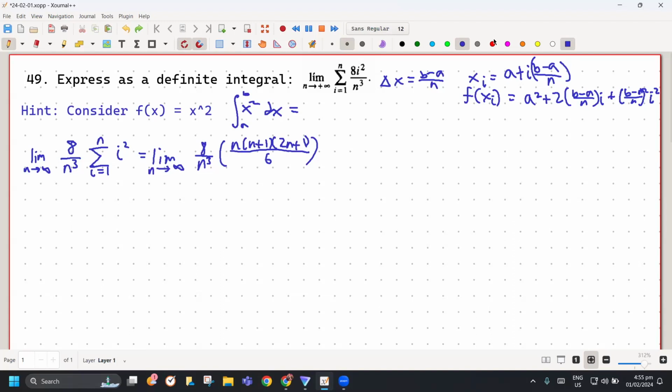Tapos, usually, meron kang something over n squared din dyan para in the limit mag ano yun. So, yung mukhang candidates na i-group mo dyan, 8 is 2 cube. So, ang pwede mo i-group together ay 2i over n.